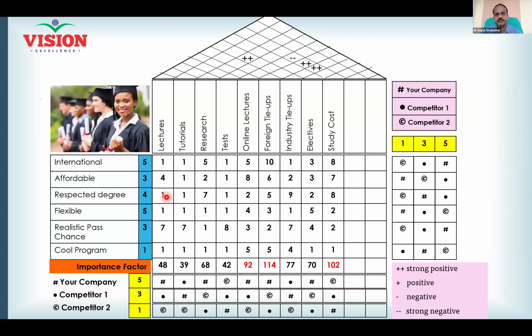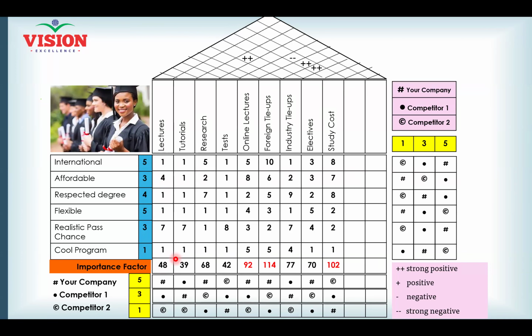Then 4 into 1 is 4. 5 into 1 is 5. 3 into 7 is 21. Then 1 into 1 is 1. I want you to add all the values now: 5, 12, 4, 5, 21 and 1. 48. All of you, do you understand how this 48 has come here?